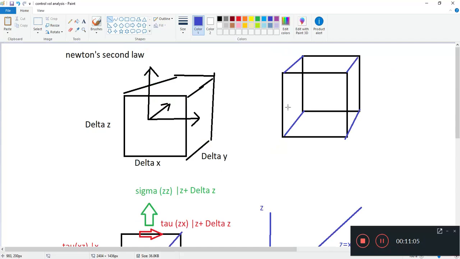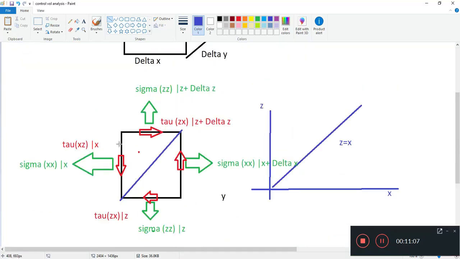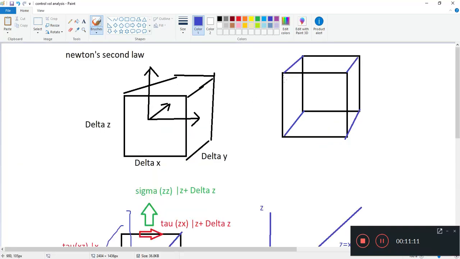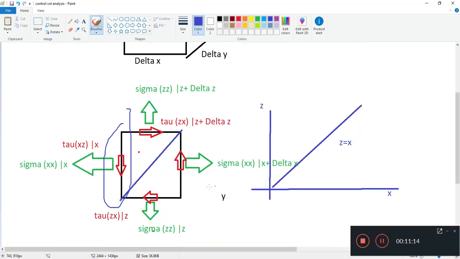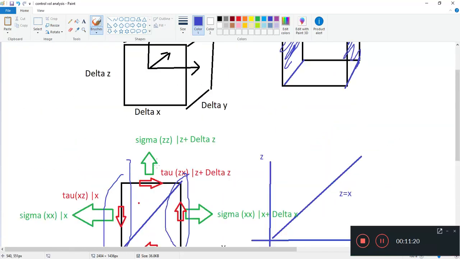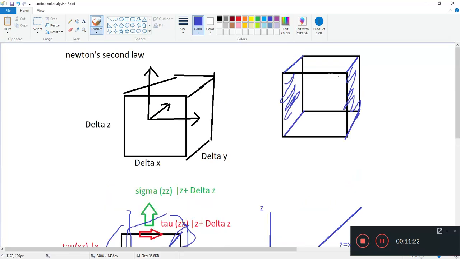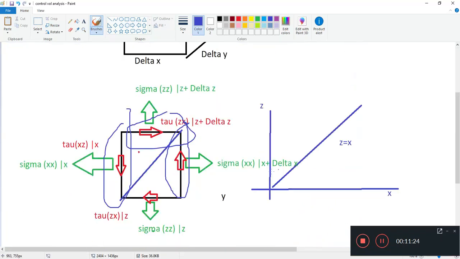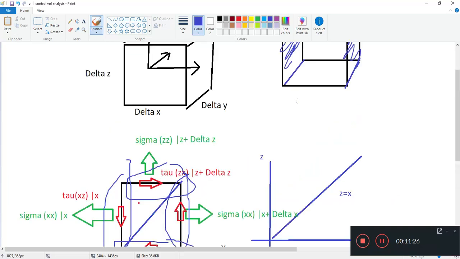Anyway, so when we talk about this flat line here, this is actually this plane. The top one is this plane, and the bottom one is this plane.